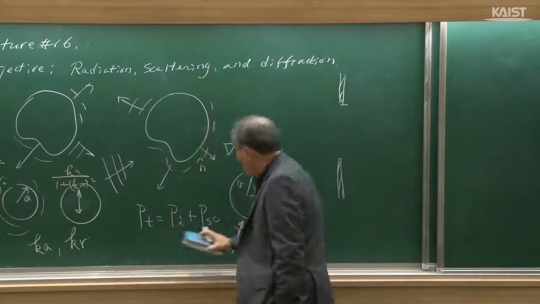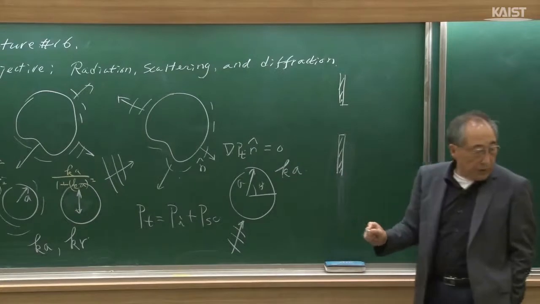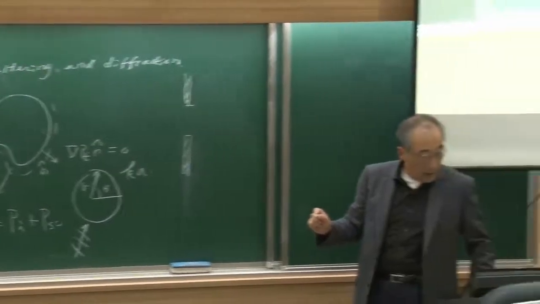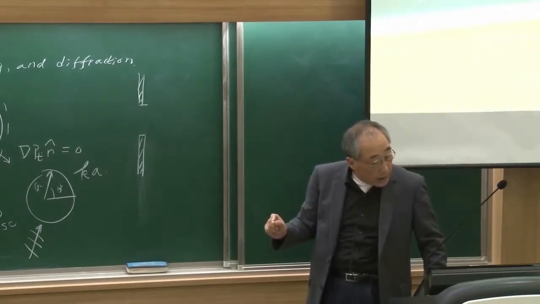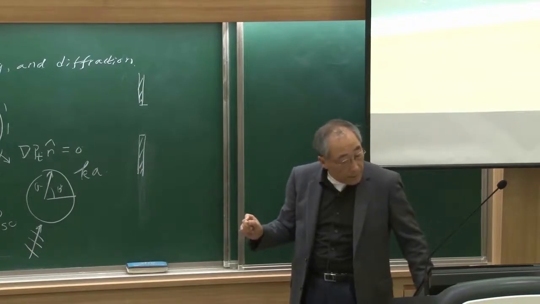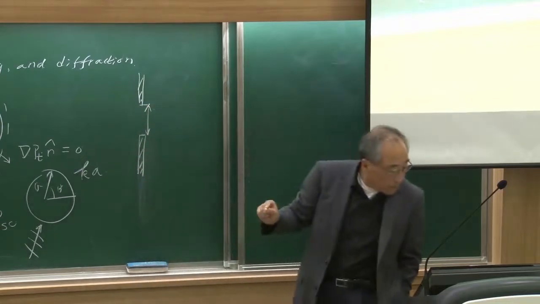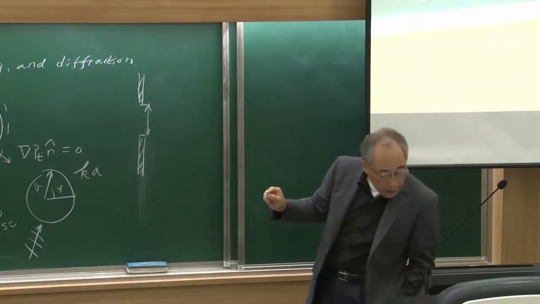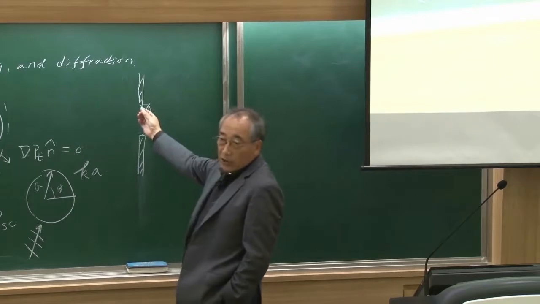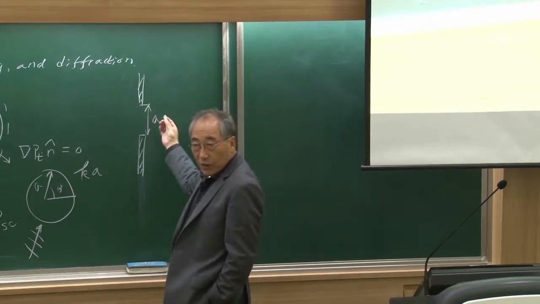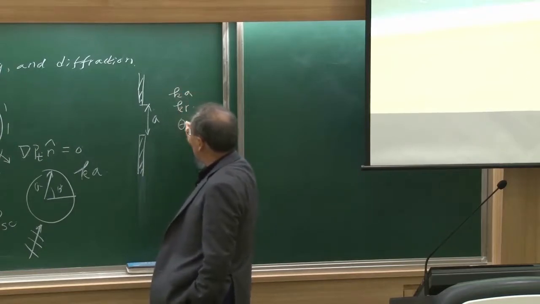And we found that if we regard the size of a slit, in this case a, then the sound radiation from this slit also depends on ka and kr, as well as the angle.